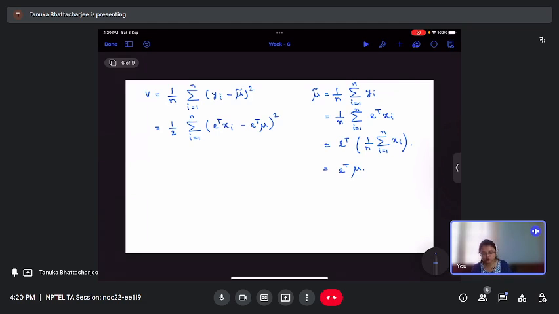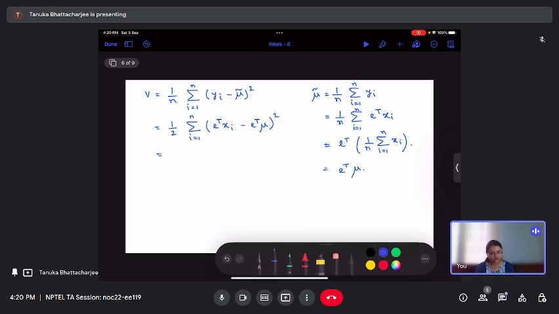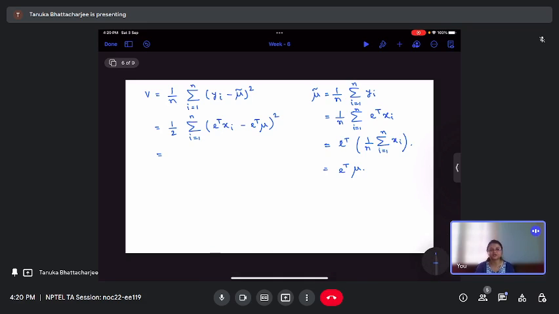So you can also write that as, like, if x is a scalar, x square is x transpose x, and since these are scalar quantities, you can write the square as the term within the bracket transpose that particular term, or it is the same as this term into this term transpose, since this is a scalar quantity that does not matter.